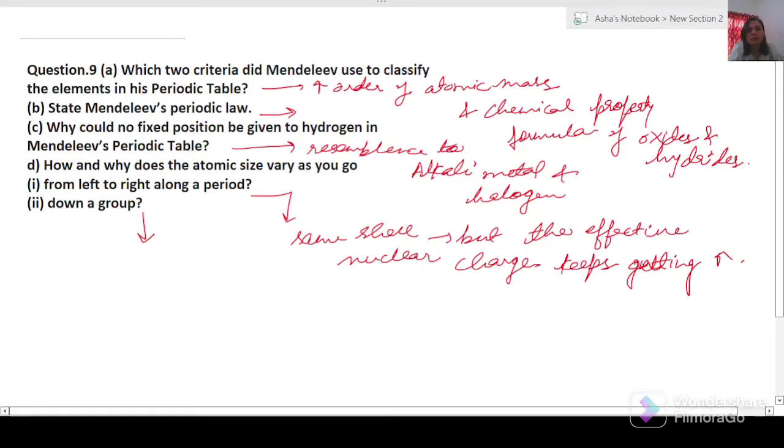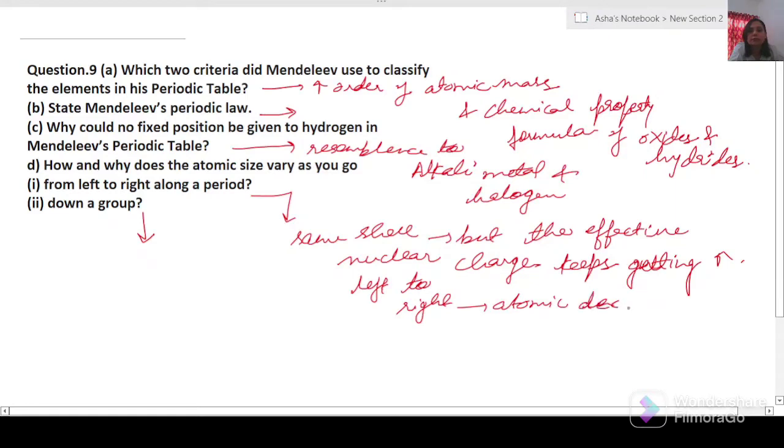Yes, first I'll finish this. There is the same number of shells, but the effective nuclear charge keeps on getting increased. Meaning to say that when we go from left to right, atomic size decreases.